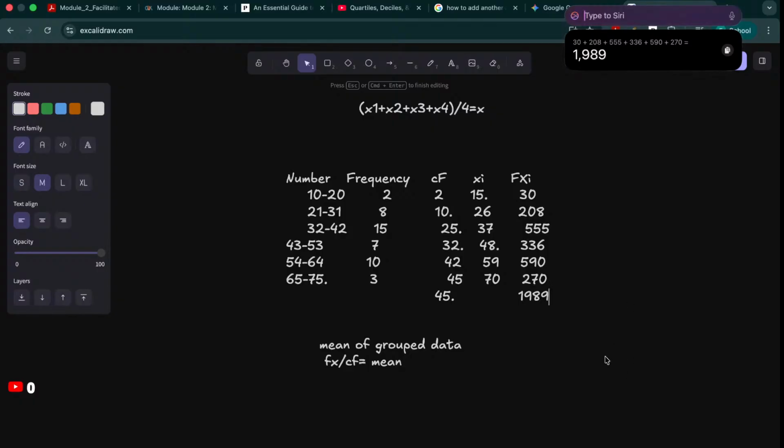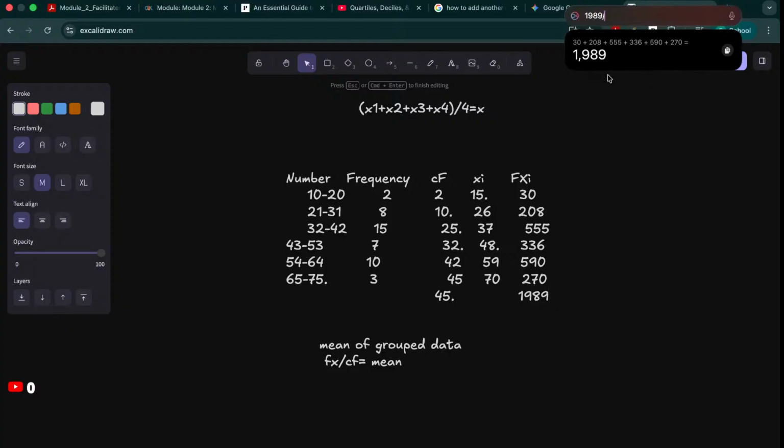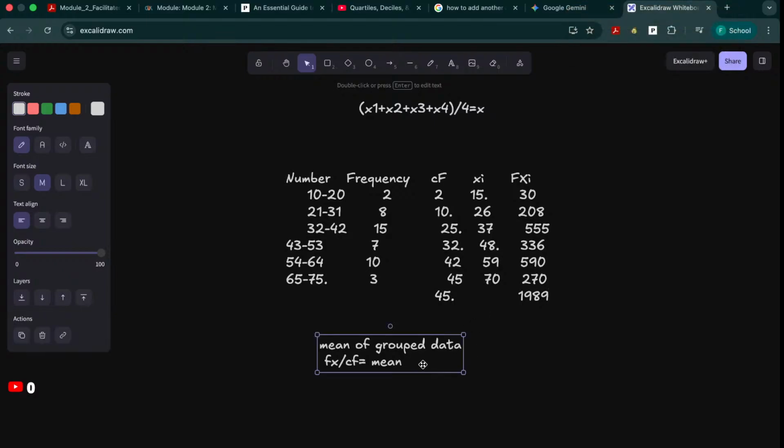Yeah, that is what we are supposed to get. So we have 1989. We divide according to this formula by 45. So our mean is 44.2. That is the mean of grouped data.